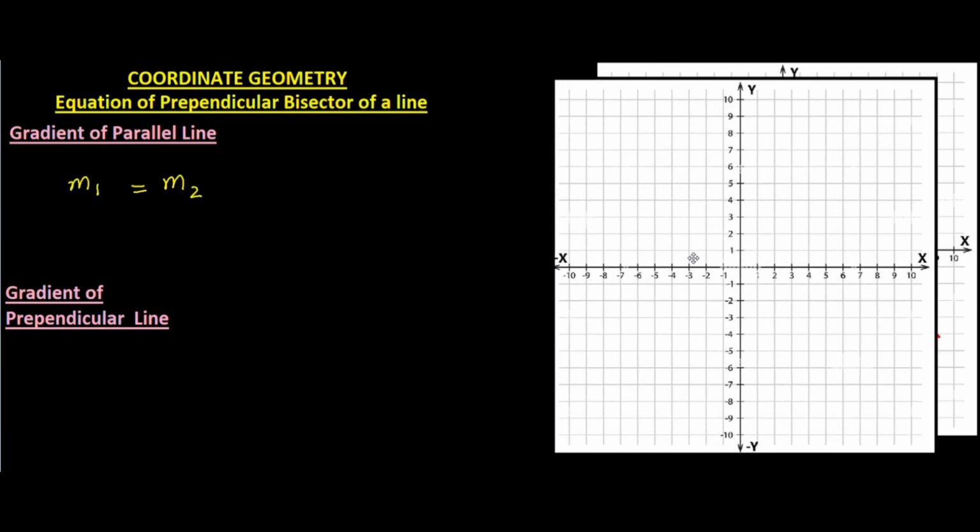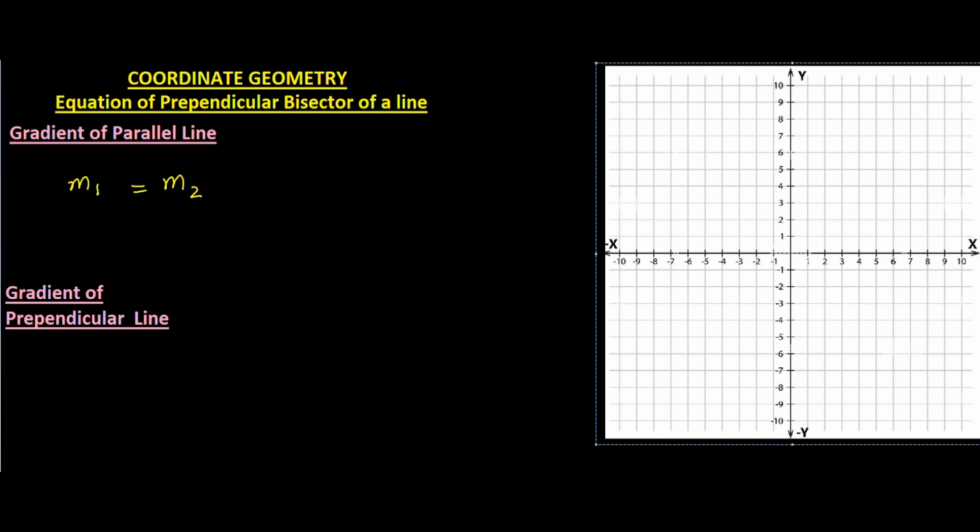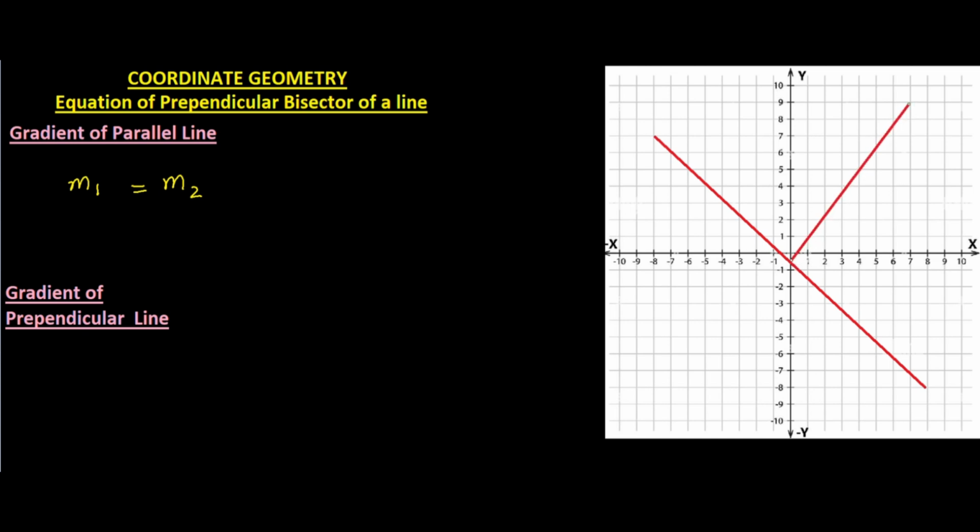On the other hand, let's suppose we have two lines that are perpendicular. One of the lines is this and the other line is this. These two lines are perpendicular to each other and make a right angle with each other. This is line 1 and this is line 2.